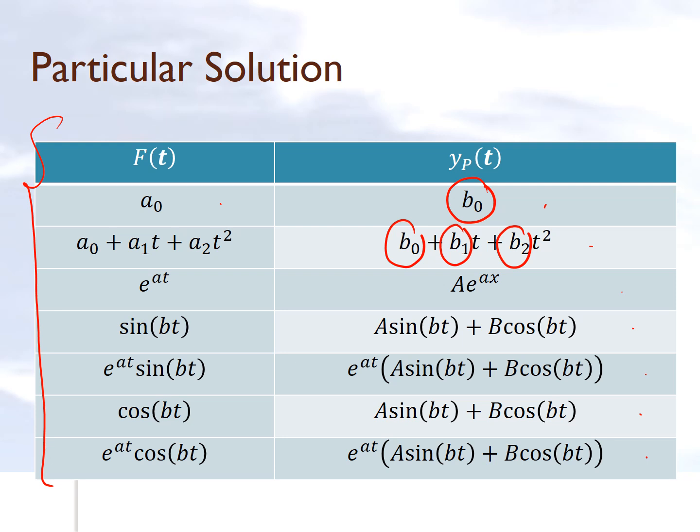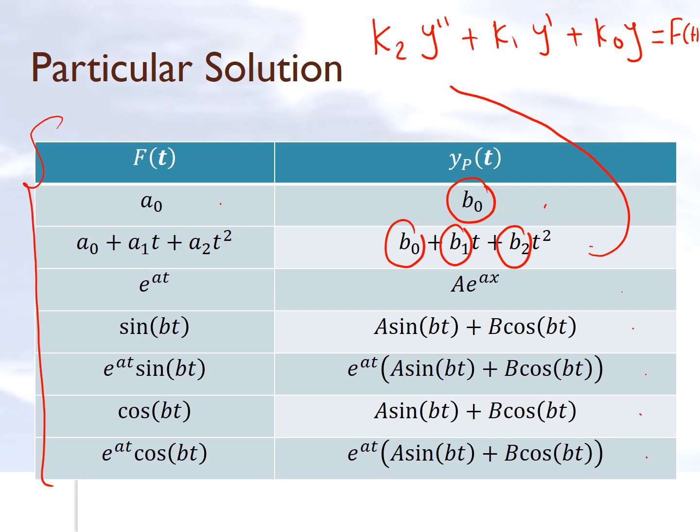So if the differential equation is given as k2 y double prime plus k1 y prime plus k0 y equals f of t, all I need to do to solve for those unknowns in the proposed solution is plug that expression into this differential equation, and this will give me equations to solve for those unknowns. We are going to solve an example in the next video to reinforce the methodology to compute those parameters.